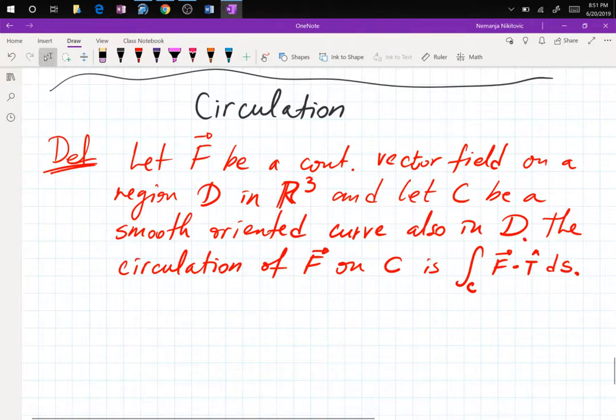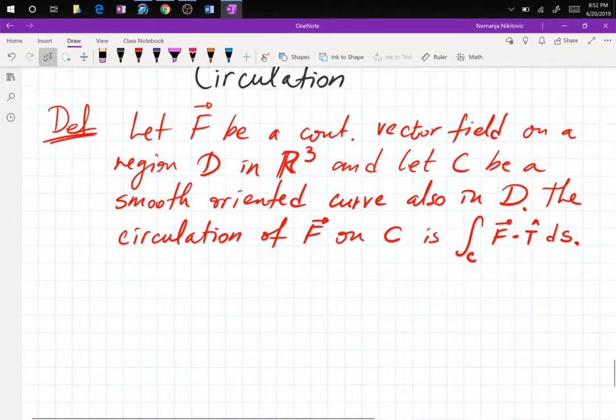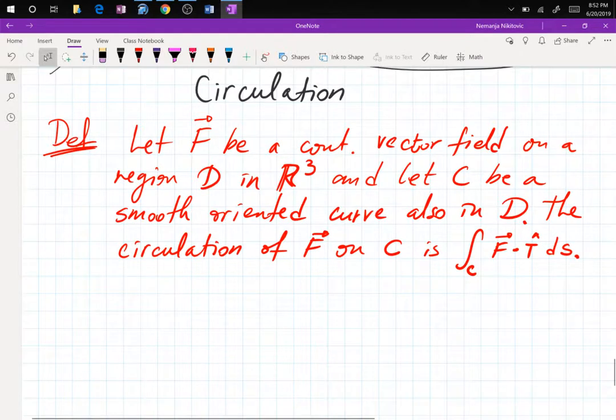Now you're going to go and say, how's this different than what we had in the previous formula? It's not. It's exactly the same formula. We're giving it now meaning. So please say a few times to yourself the word circulation.